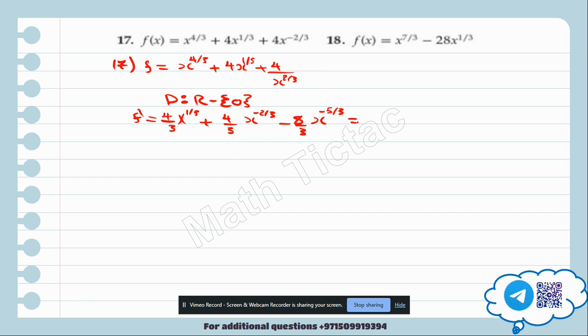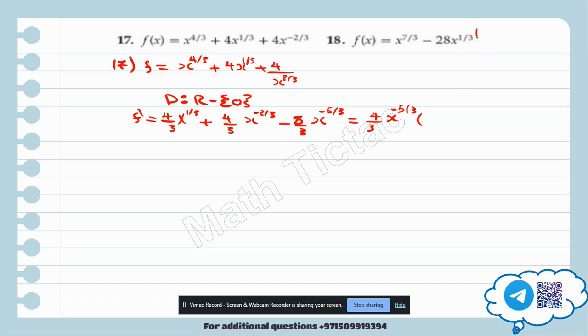Now I will take the x with the least power as a greatest common factor, which is x to the power minus 5 over 3 outside, and also we can take a greatest common factor of 4 over 3 outside. So 4 over 3 outside with x to the power minus 5 over 3, multiplied by, in here I will have 1 x to the power 1 over 3.